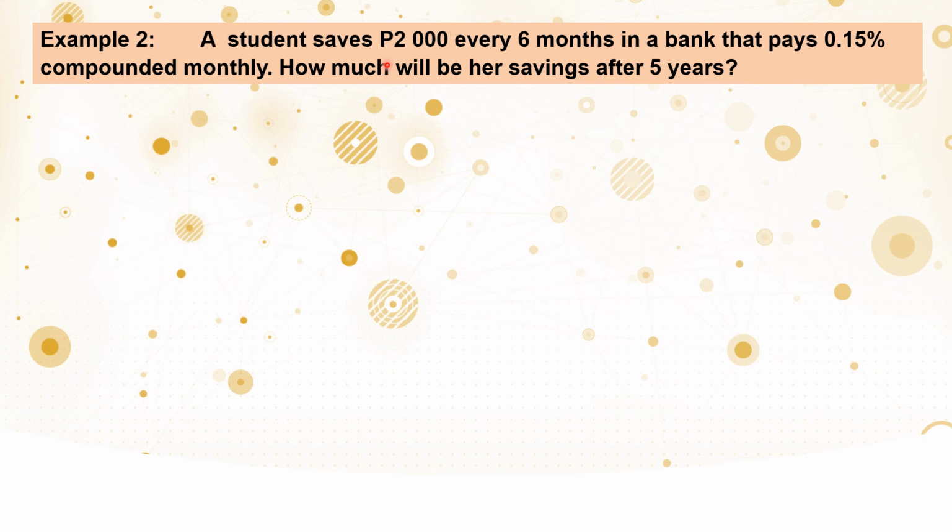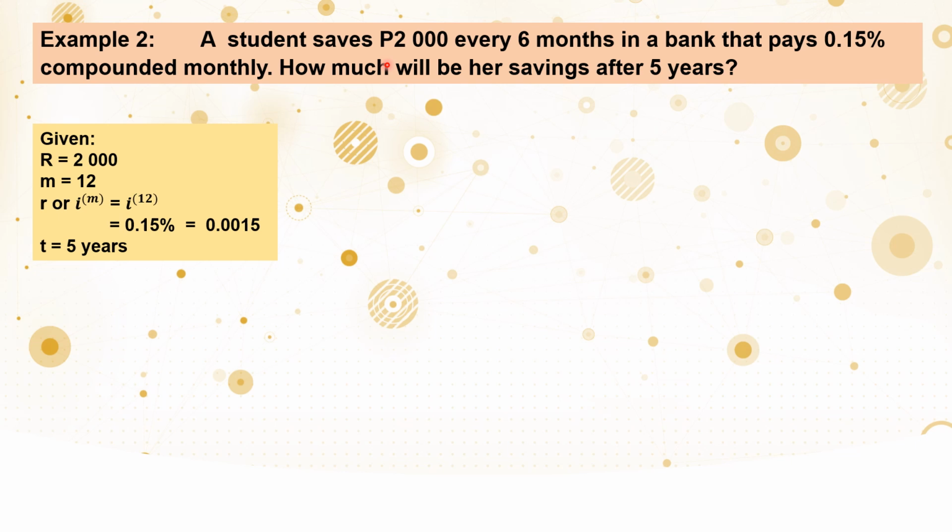And this 2,000 pesos is the regular payment of the student every 6 months in 5 years. So, our R now is 2,000 pesos. And since it is compounded monthly, our M now is 12. And the interest rate is 0.15%. I raised to M, our M is 12, so I raised to 12.